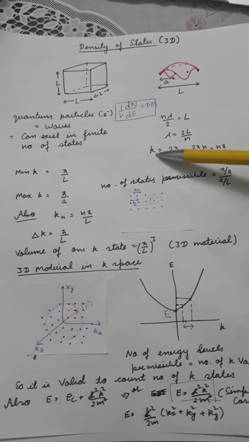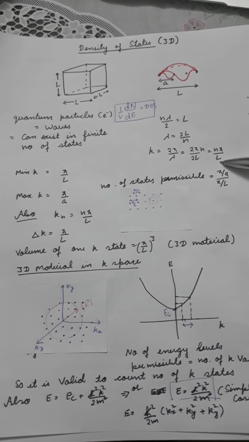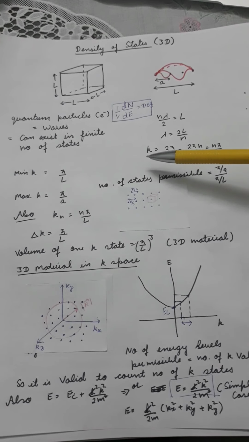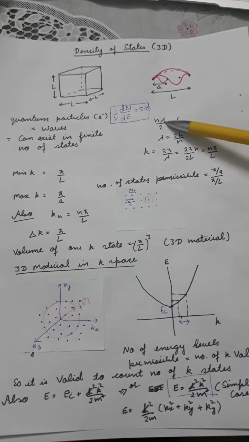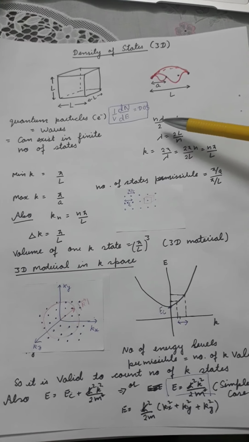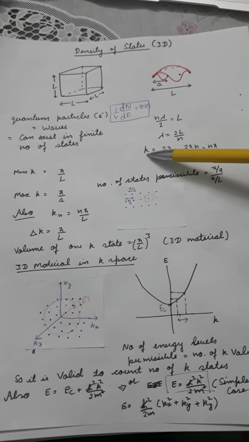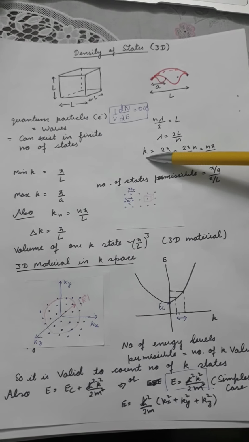From here we can find that k will turn out to be n pi upon L. So k will get quantized. It means the possible wavelengths are quantized; only a fixed number of wavelengths will be possible. If lambda is fixed, k is also fixed, so the wave vectors associated with these wavelengths will also be fixed.